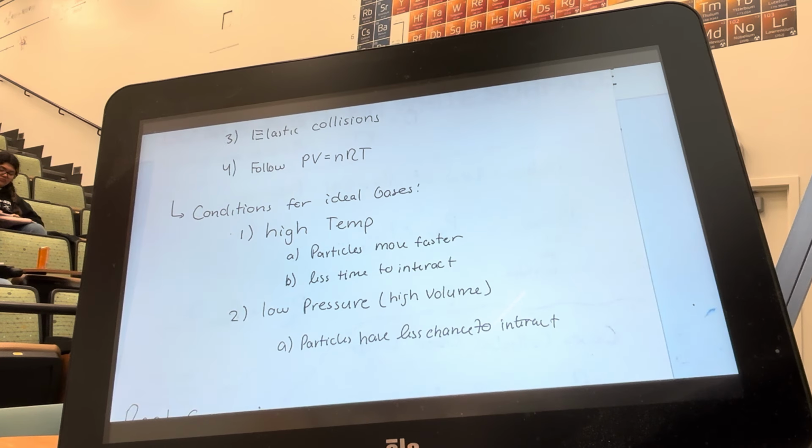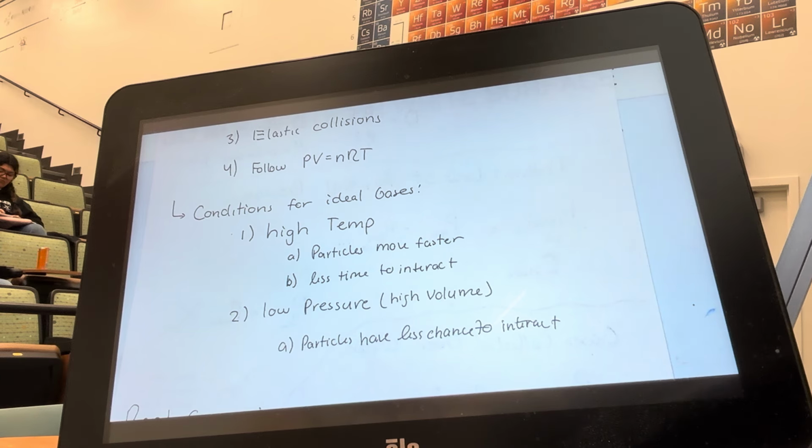And you might have surmised that the conditions for real gases are actually just the opposite. So they exist at low temperature, high pressure.